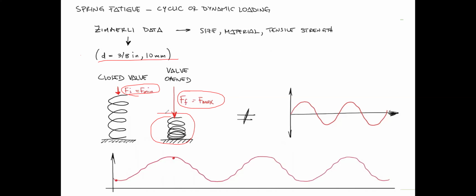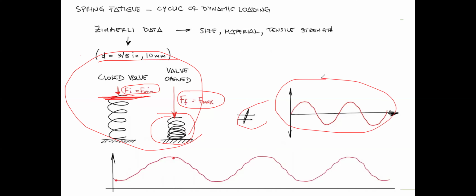And when the valve is closed, the spring is under initial force. So in this case, the loading situation is not completely reversed loading. It belongs to non-completely reversed stress, so sigma m does not equal zero.